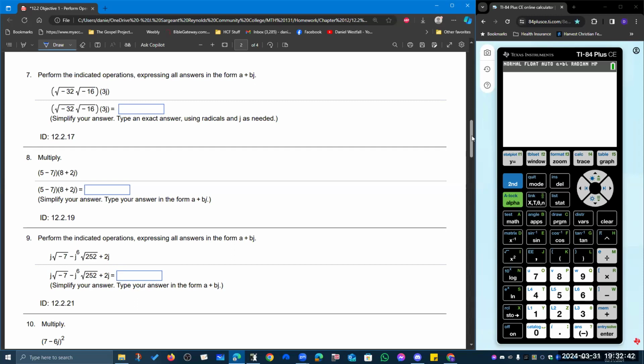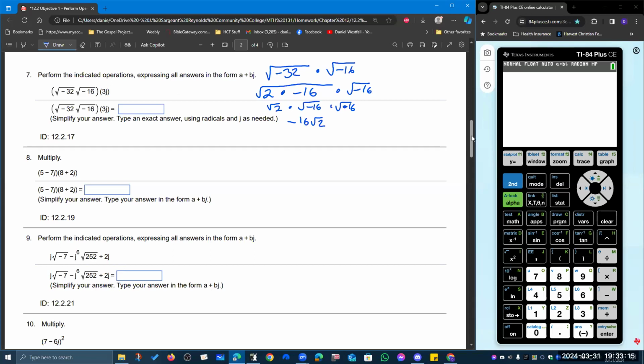So this is root negative 32 times root negative 16, which is root 2 times root negative 16 times root negative 16, which will be a negative 16 root 2.